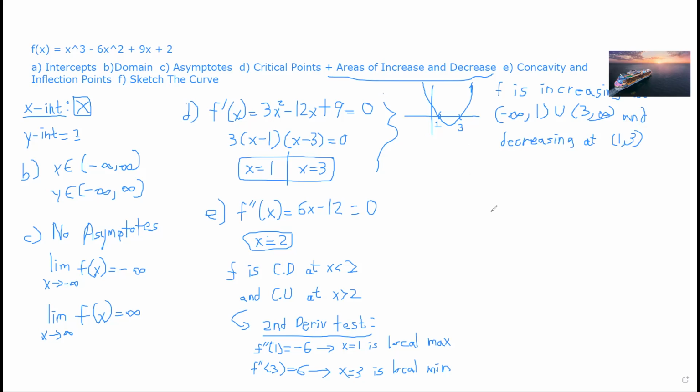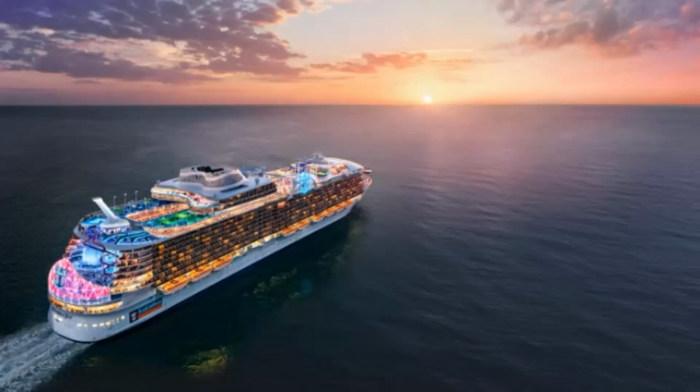Okay, so that is good. Now we have everything we need for F. I'm going to share the screen with what the function looks like.